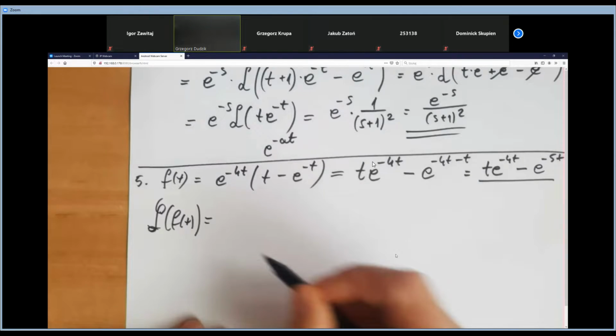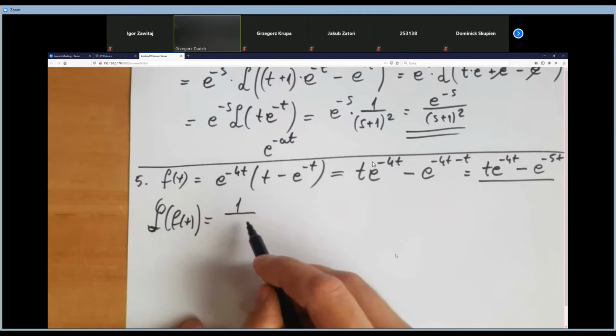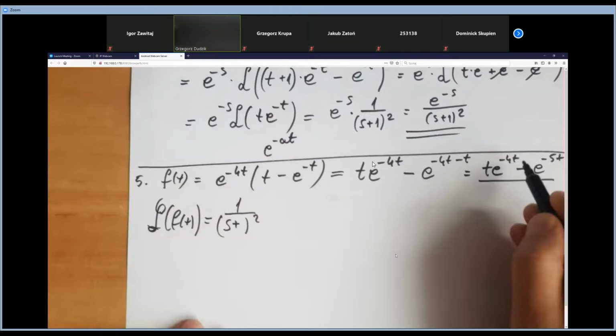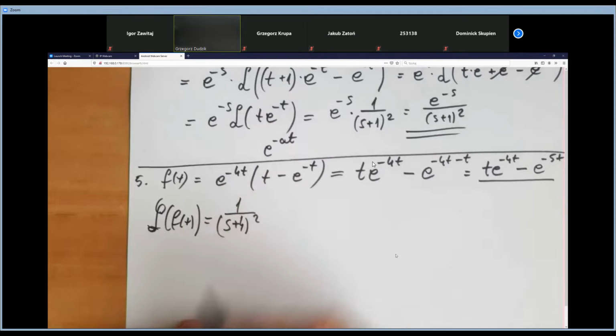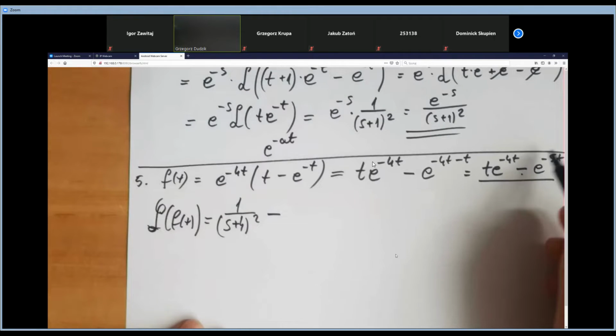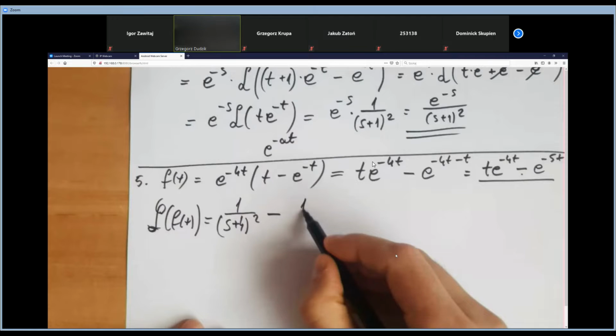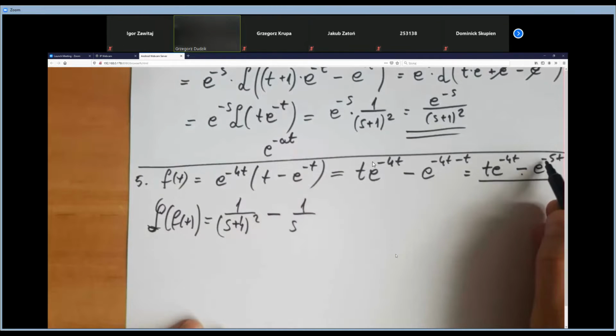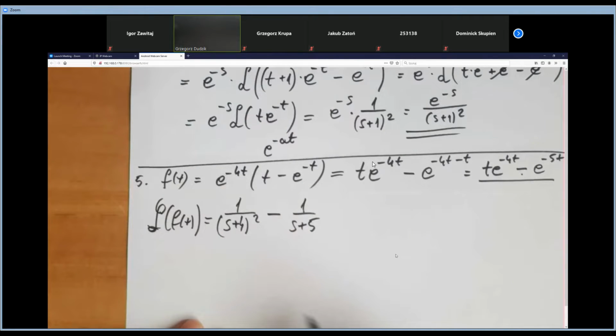So it will be equal to 1 over (s plus a) squared, a is 4. And minus the Laplace transform of e to minus 5t, which is simple. It is 1 over (s plus a), a is 5. That's all. This is it. Great.